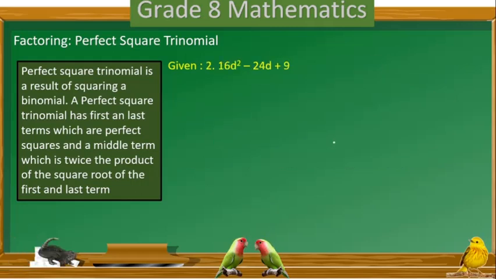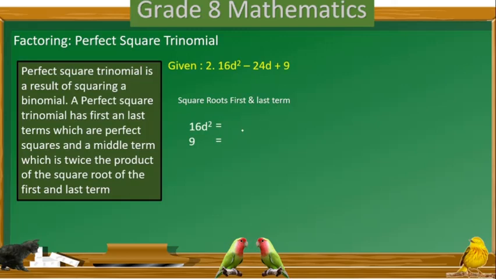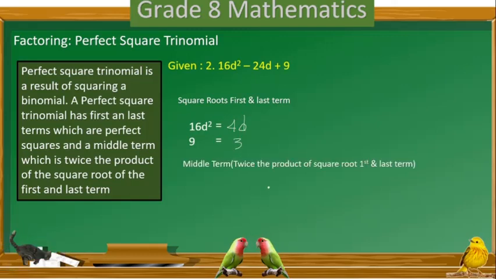Okay, next one. The given is 16d squared minus 24d plus 9. So the first step is to find the square root of the first and last term. The square root of 16d squared is 4d. For 9 is 3. And to find if it is really a perfect square trinomial, we multiply the square roots: 4 times 3 equals 12, times 2 is 24.